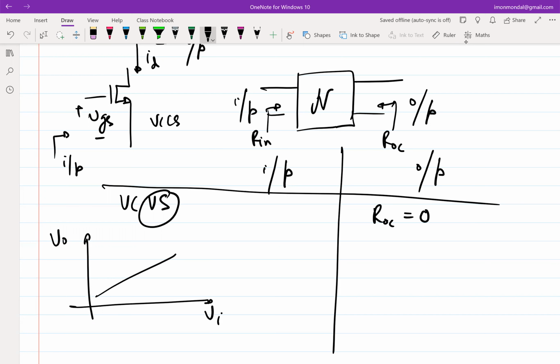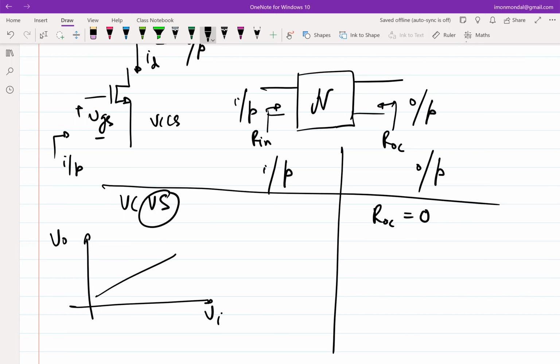Because if you apply an input voltage, a non-ideal voltage source for example, then you would expect the entire voltage to appear across the port of the network, right? If Rin is not infinity, then there will be a voltage division between the source resistance of the voltage source and Rin.